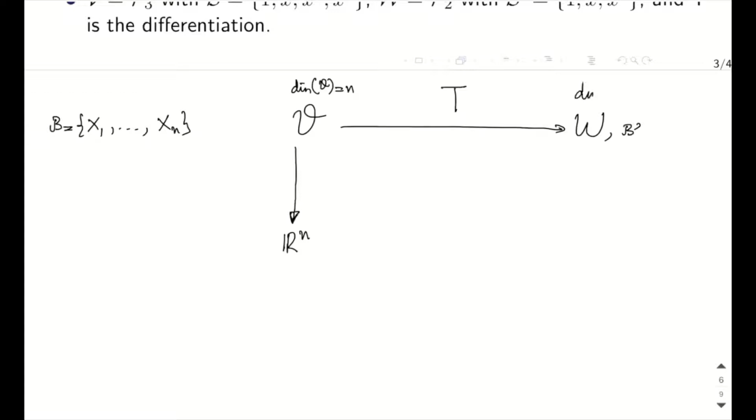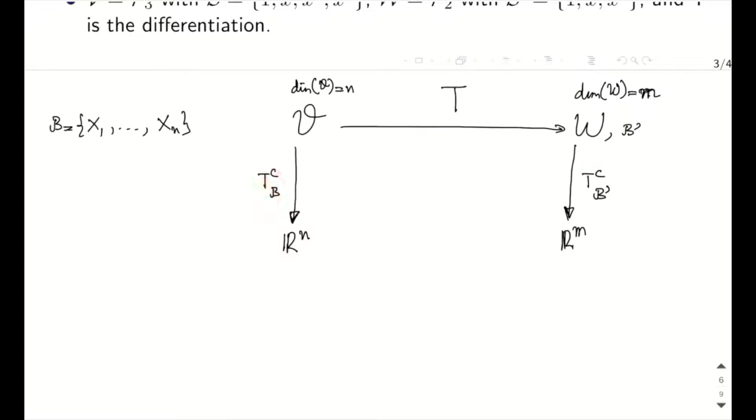Because the dimension of W is m, we can always identify W as Rm. This is denoted as TCB. This is going to be TCB prime. Right? These are the coordinate transformations. This is the coordinate transformation from V to Rn. And this is the coordinate transformation from W to Rm.